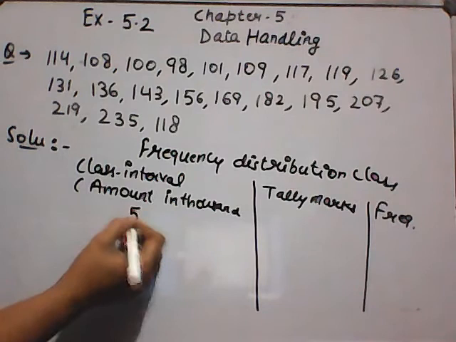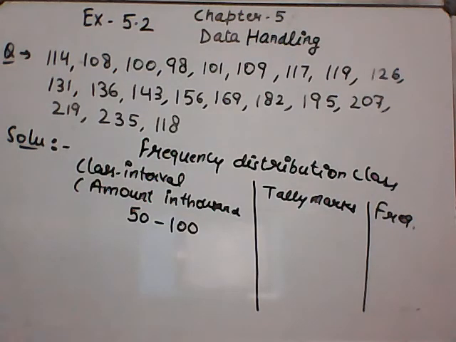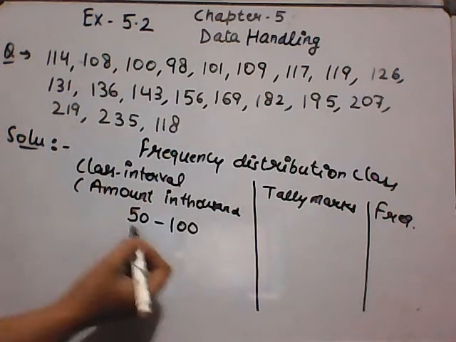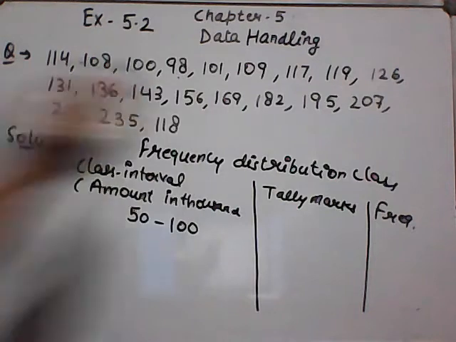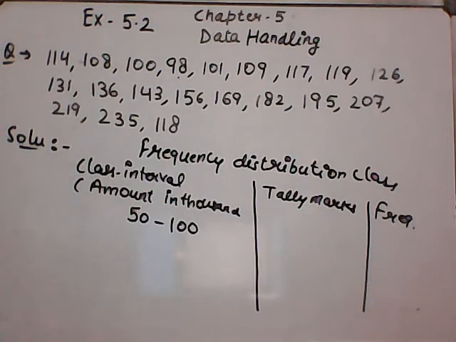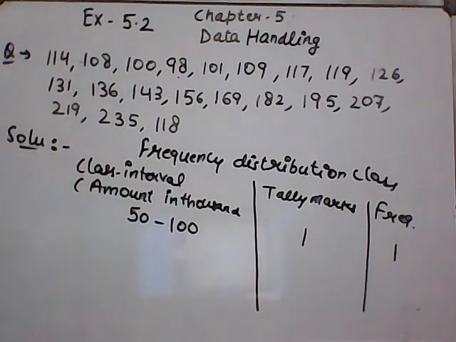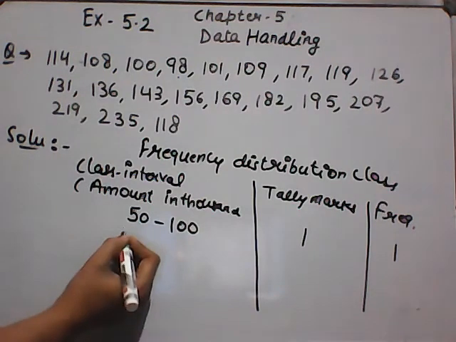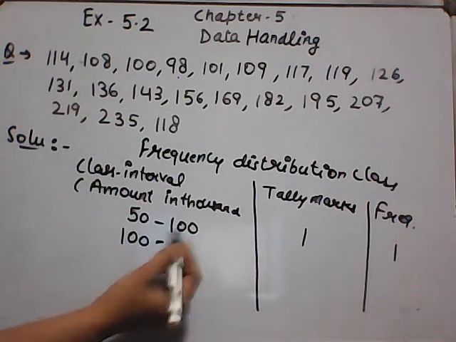Now, in this question, you have to take a class interval from 50 to 100. So count how many amounts come in this class interval 50 to 100. In this class interval, 100 is not considered. Here only 98 is there, so the frequency is 1, which can be represented using a tally mark. The next class interval is continuous, so we take a difference of 50: 50 to 100, 100 to 150.